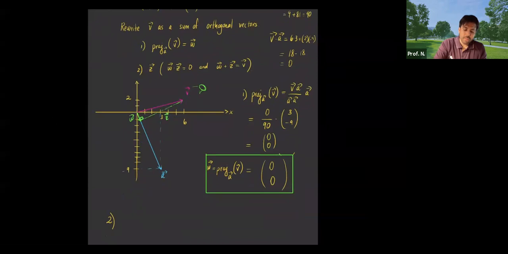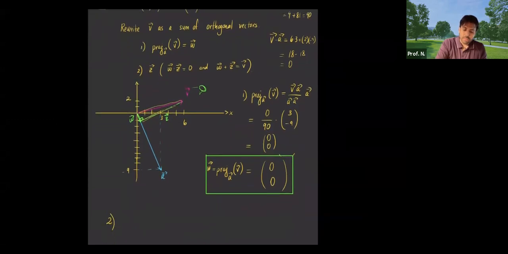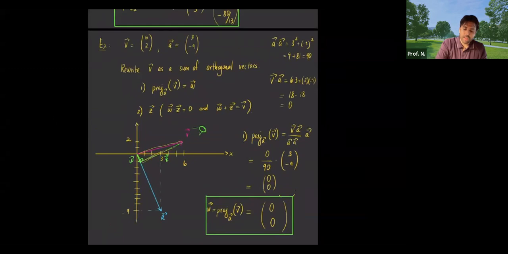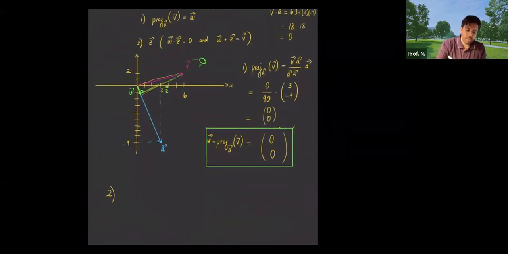We actually can't decompose this along like this. Because why? We show by the dot product that V dot A is 0, which implies what? V dot A equals 0 means V is perpendicular to A.